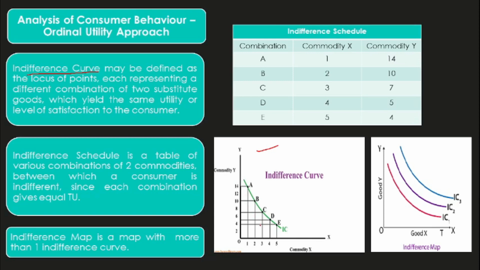It is basically a locus of all the points, or all the combinations, that represent the consumption of two commodities. Now why is it called indifference?